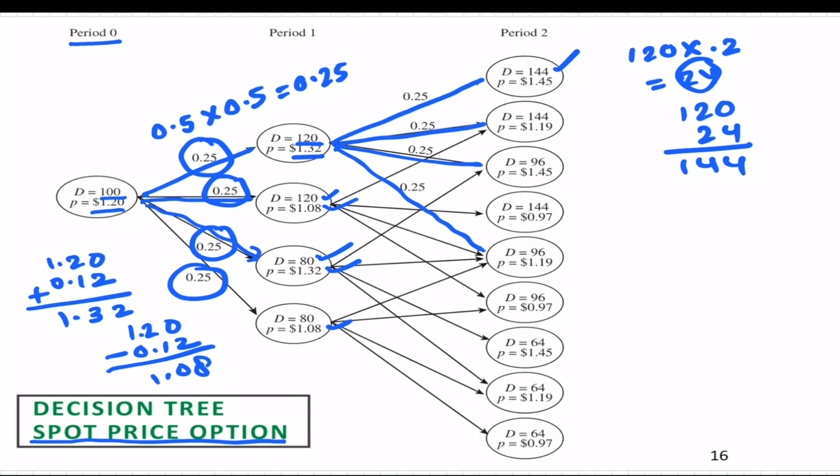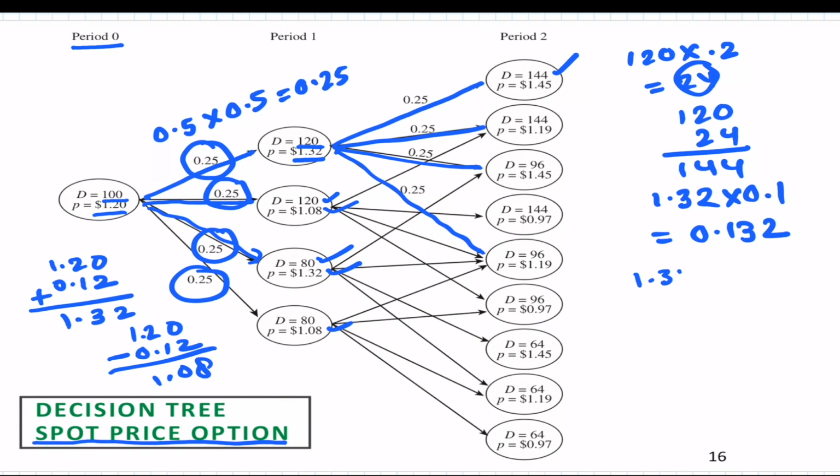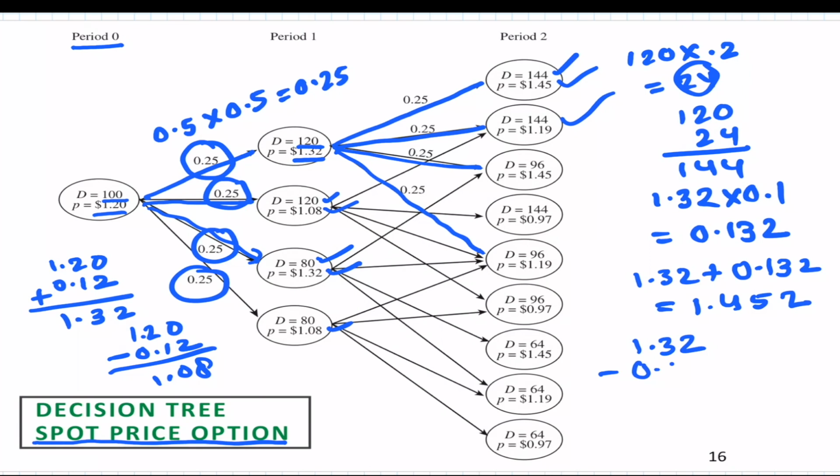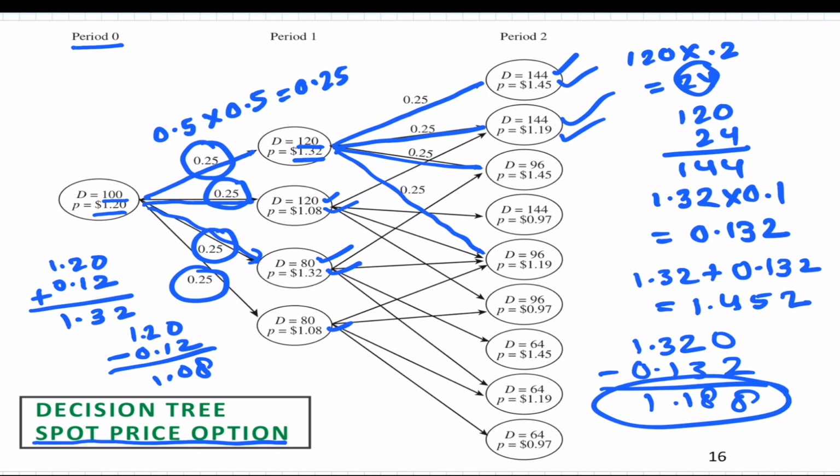And similarly, 10% of 1.32 is 0.132, so we get 1.452, which is rounded to 1.45. Similarly, for this node, we subtract 1.32 minus 0.132, we get 1.188, which is rounded to 1.19.